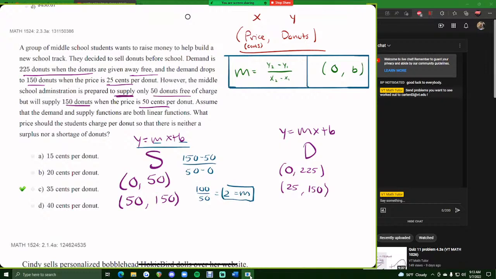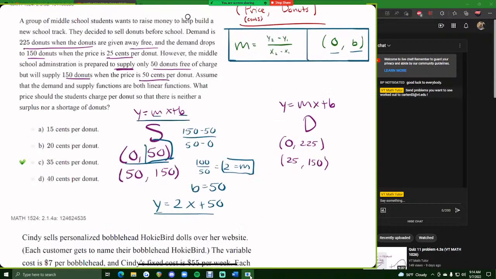So the m is 2, and now the b value is found from this ordered pair. Whenever x is 0, the corresponding y value naturally is your y-intercept. And so they give you the y-intercept pretty directly. So b is 50, which means if we plug these in to mx plus b, we have y equals 2x plus 50.